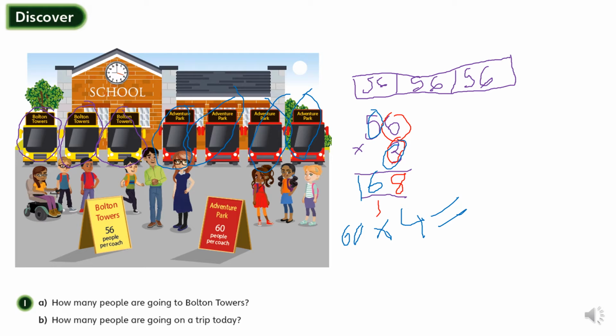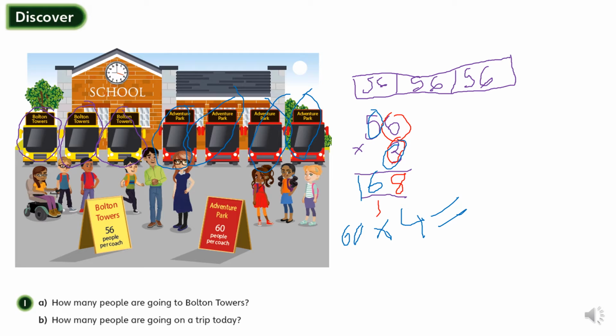Well, let's break that down. Do I need to do a column multiplication for 60 multiplied by 4? I don't think I do, because I think I can just use my times table knowledge here. So if I do 6 multiplied by 4, just like I did the 5 times 3, even though it's 50 times 3, if I do 6 multiplied by 4, I know that that is 24.